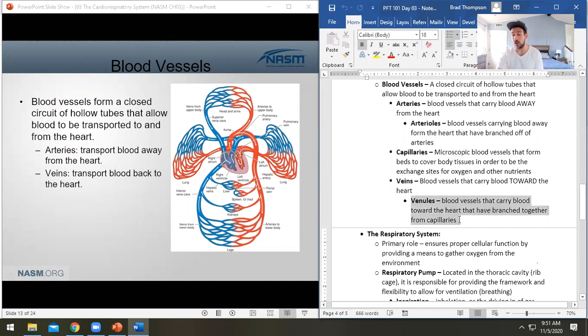Veins carry blood back toward the heart. So again, blood would travel through an artery, which would branch down to become an arteriole, which would branch down to become a capillary. Those capillaries would come together to form a venule. That venule would come together to form a vein, and then it would get back to your heart. And the cycle would repeat.